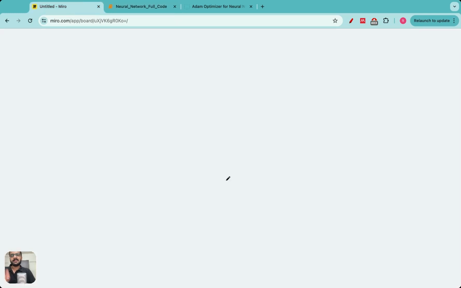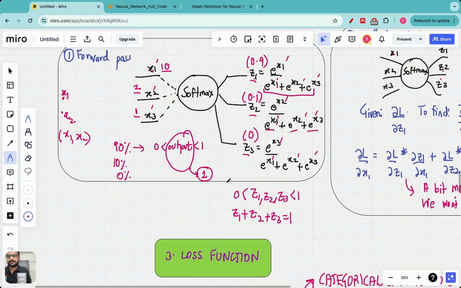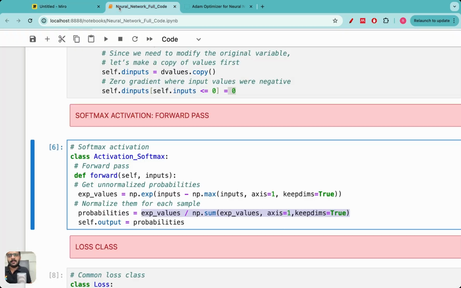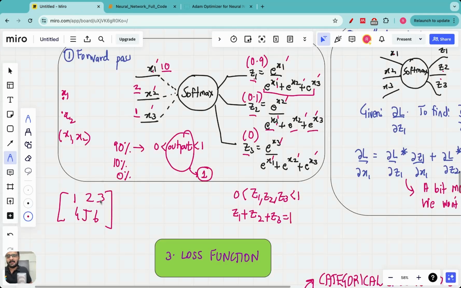So for example, let's say the inputs are 1, 2, 3, and 4, 5, 6. What we'll first be doing, as has been mentioned in the code, is subtracting from each row the maximum of that row. So from the first row we'll subtract 3, so this will be minus 2, minus 1, 0. The first row will be minus 2, minus 1, 0, and the second row will be minus 2, minus 1, 0.